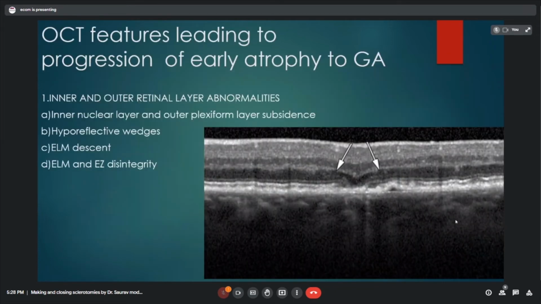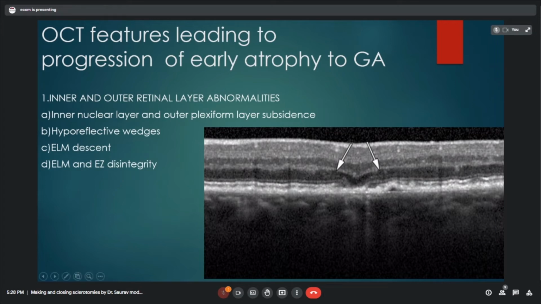Now, early OCT features which can show the progression of early atrophy to geographic atrophy can be divided into inner and outer retinal layer abnormalities. We see inner nuclear layer as well as outer plexiform layer subsidence, that is thinning, and they try to bend towards the RPE.